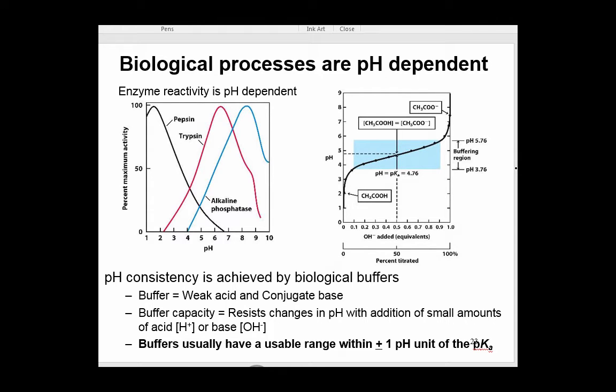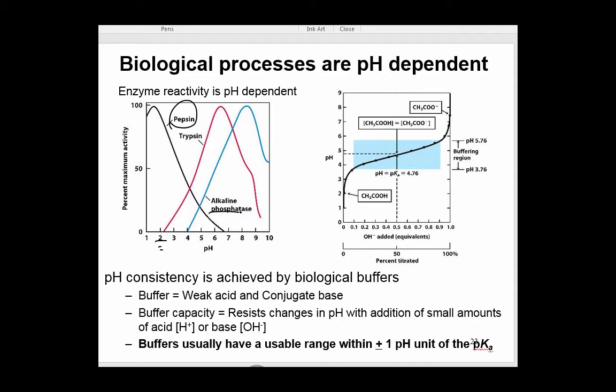So we've only talked about biological processes occurring at a pH of 7, but not all biological enzymes do. We're going to talk about enzymes in chapter 11, I believe. The majority of enzymes do have optimum activity at pH 7, but for instance, digestive enzymes like pepsin have high biological activity under extremely low pHs, under acidic conditions like those present in your stomach.